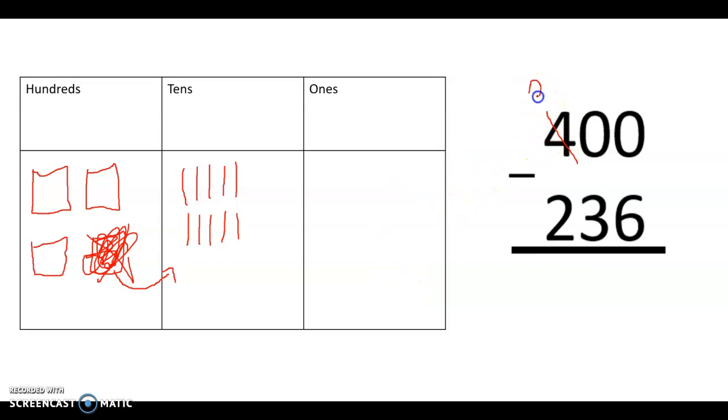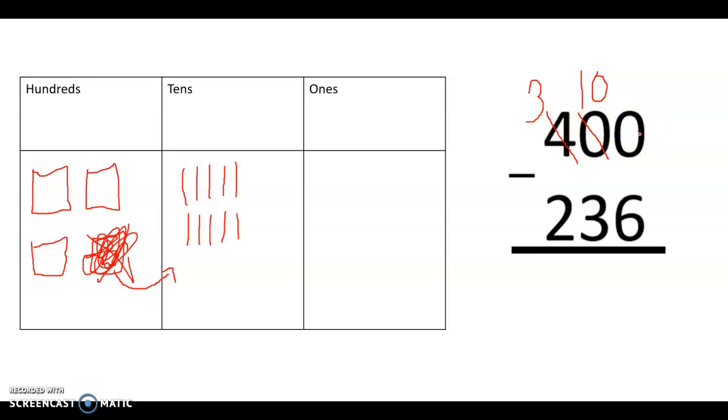Which means if we look, there's 3 hundreds left in this hundreds place. And I've brought my 100 over here. I know that 10 tens make 100, so I have 10 in my tens place. All right, but wait a minute. I still haven't subtracted my ones place.